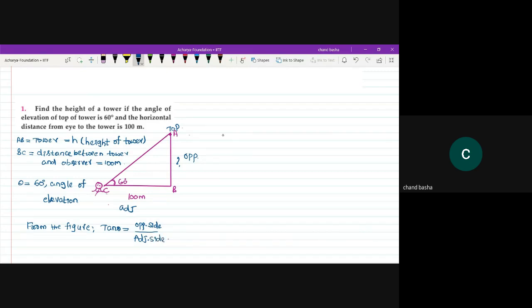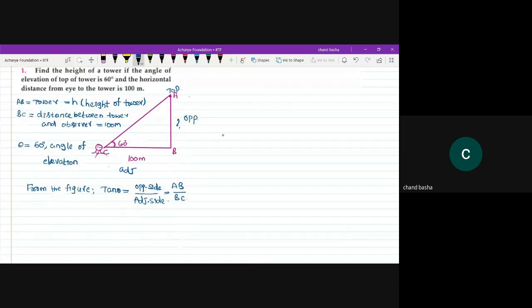You will get the same answer. Tan theta is equal to AB upon BC. Theta value is given as 60 degrees. So tan 60 is equal to opposite, I am going to take H, divided by adjacent, that is 100. And this will be root 3 is equal to H divided by 100. He is asking the height of the tower. H is equal to 100 root 3 meters is the required answer.